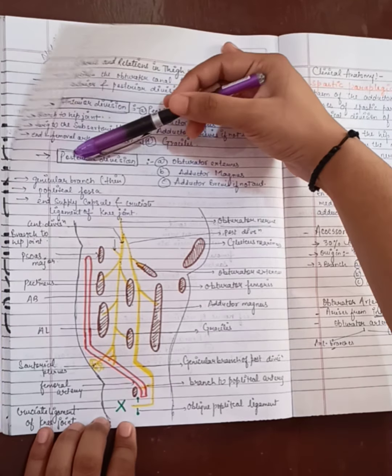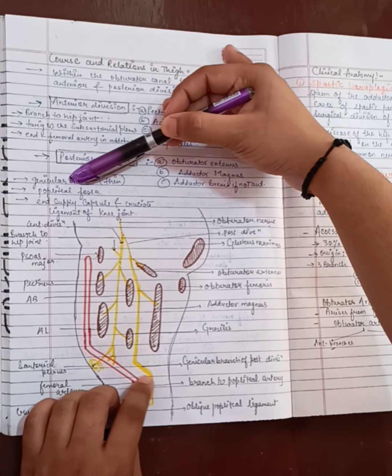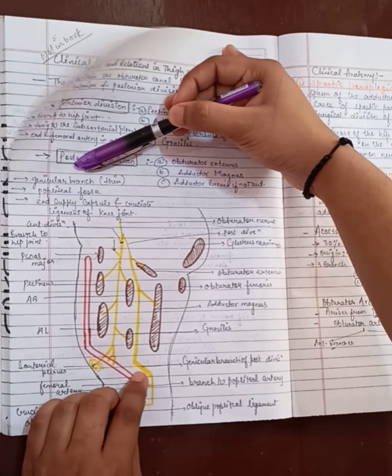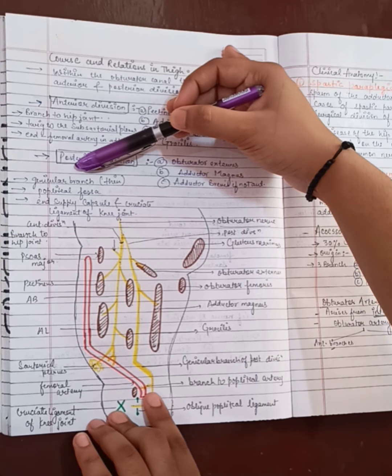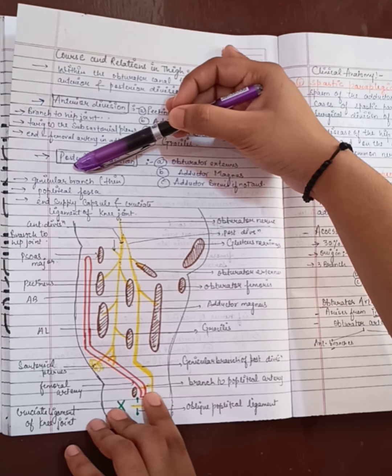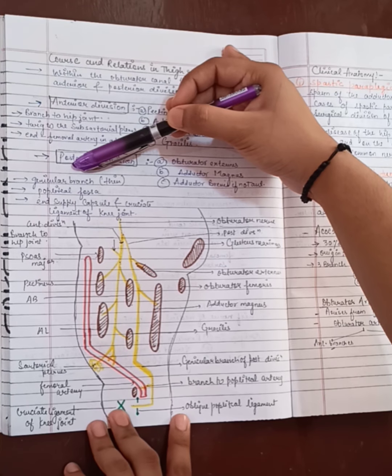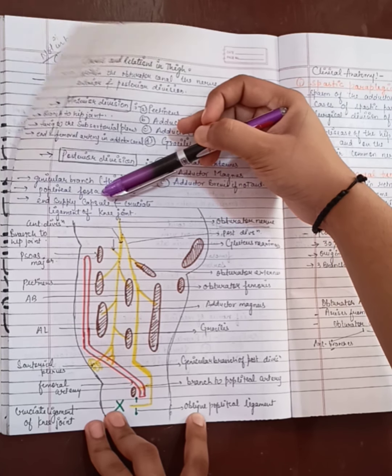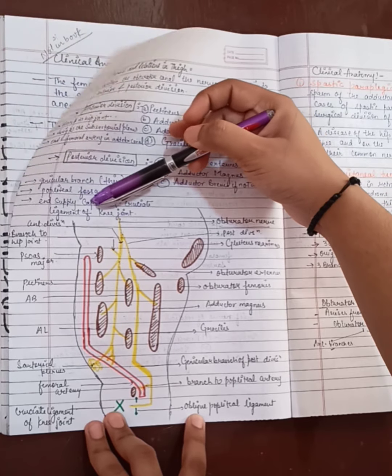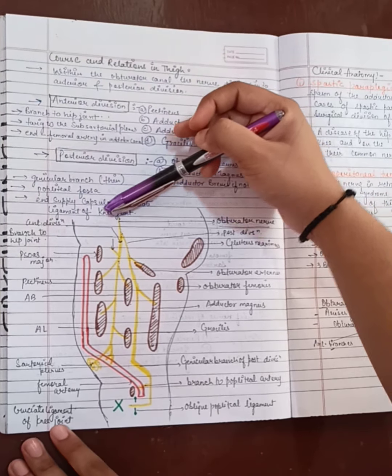It also gives the genicular branch of the posterior division, and here it gives a branch to the popliteal artery, and it also ends by supplying the capsule and cruciate ligament of the knee joint.